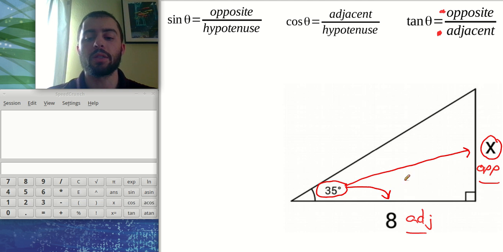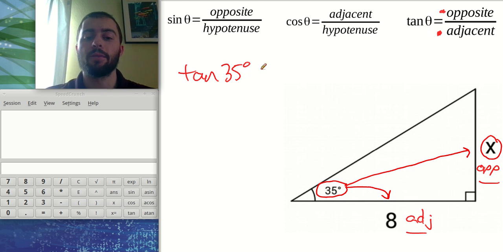So all we're going to do is plug in the information that we have from this diagram that we've been given into the tangent ratio, since that's what we decided was appropriate to use here. So tangent, and we have this symbol here, theta, which again just means an unknown angle. In this case, we know the angle measure is 35 degrees. So the angle always goes in this theta spot.